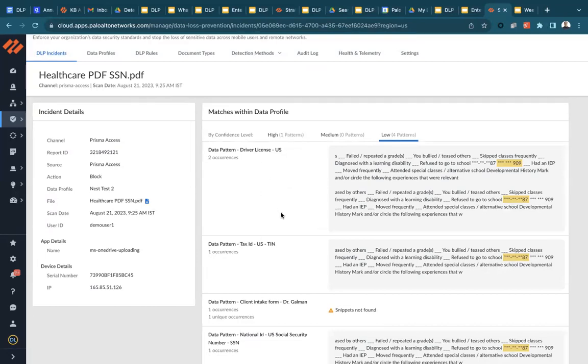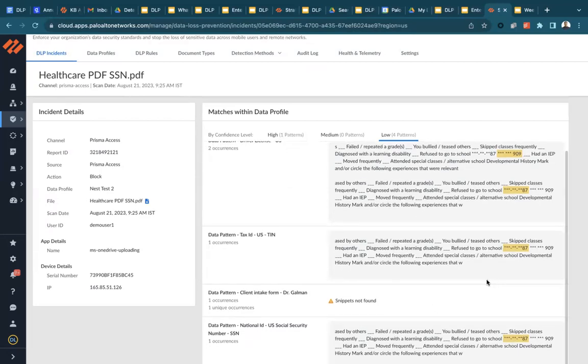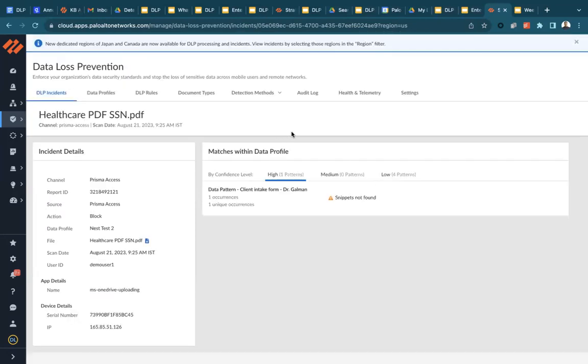For example, things like US driver's license number, most of the 9-digit or 11-digit number can actually be something like that. But things like social security numbers or TINs, where there's a lot more structure to the whole thing, we typically have a good level of high confidence detections over there.